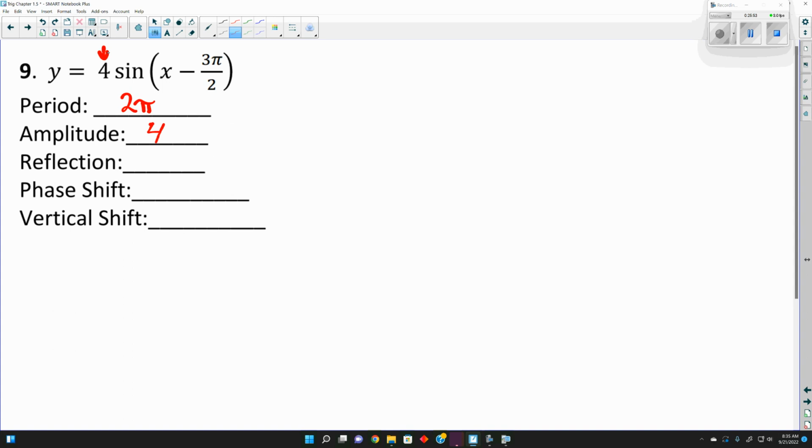No, so it's none. Phase shift. Well, we do have a phase shift, yes? It's our 3 pi over 2, and it'd be positive because inside the parentheses it has a negative sign in front of it. And lastly, the vertical shift is none. And that's it. Questions on any of this here?